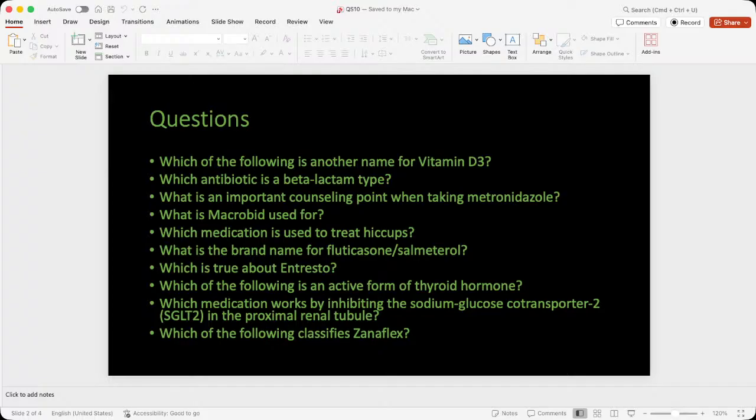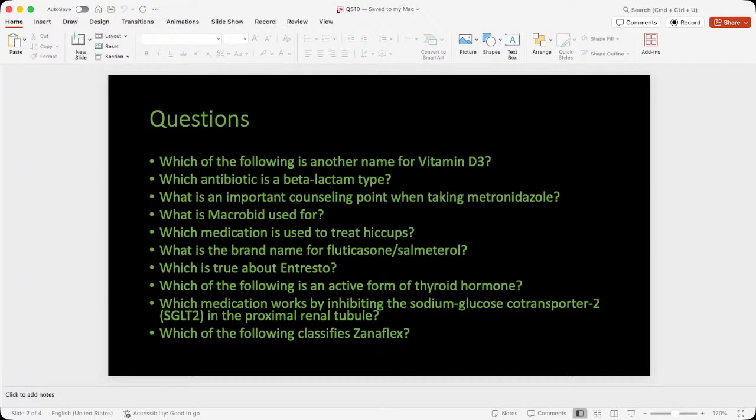Just by name alone, you can see something's going to be flowing. You can think of gliflozin as glucose flowing through the renal part and getting flushed out through the urine, with glucose coming out. That's the mechanism here, so you can kind of picture it. Hopefully that helps you out.